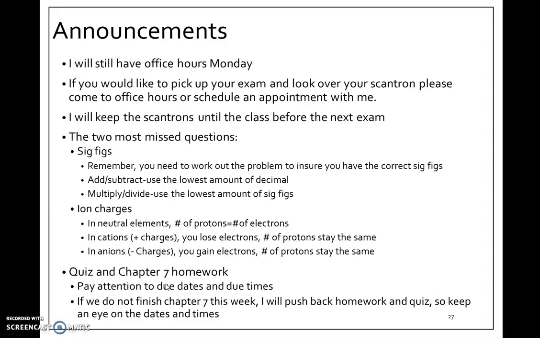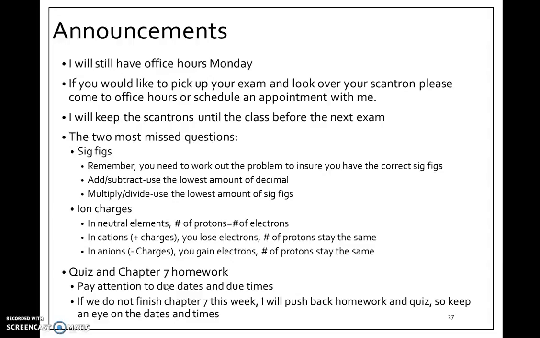So remember that for adding and subtracting, you have to use the lowest amount of decimals. With multiplication and division, you use the lowest amount of sig figs. So in adding and subtracting, you can gain or lose a sig fig. So pay attention to that.